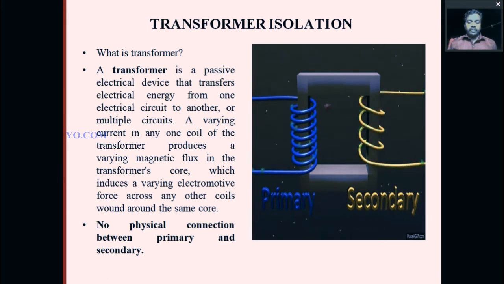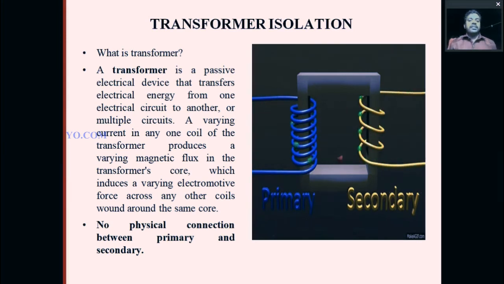The voltage applied on the primary side is transferred to the secondary side through the frame, that is called the core. There is no physical contact between primary and secondary, so the transformer is a very good isolator.